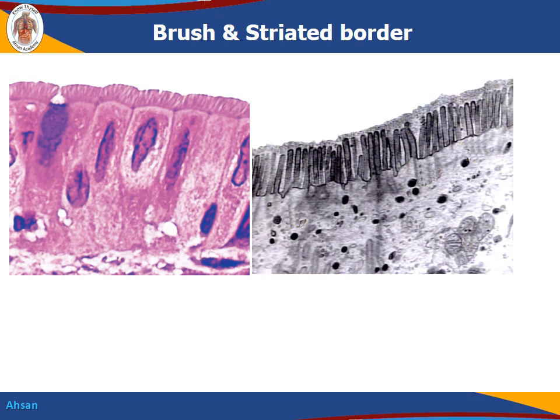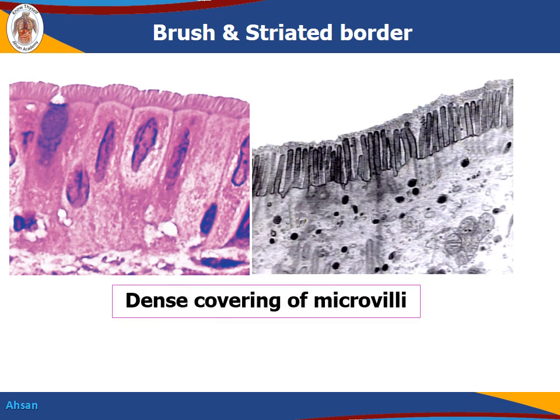Two terminologies: brush border and striated border. These microvilli are so dense that they make a continuous layer over the apical surface of the cells, and this is known as brush border and striated border.